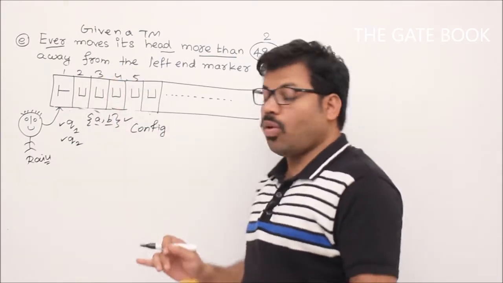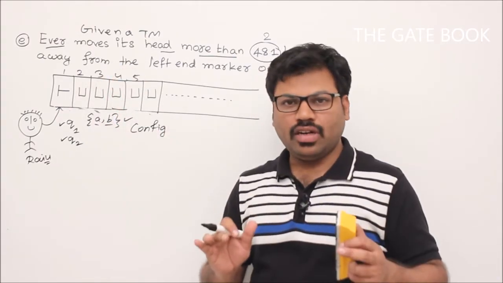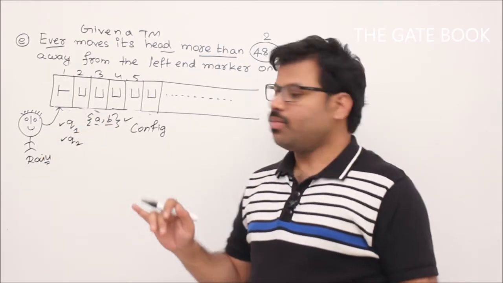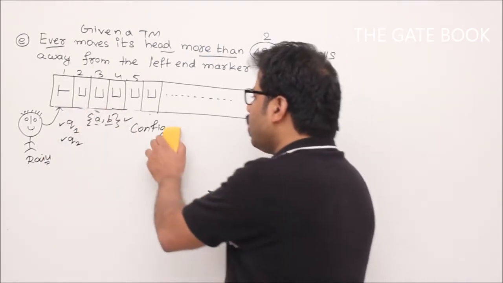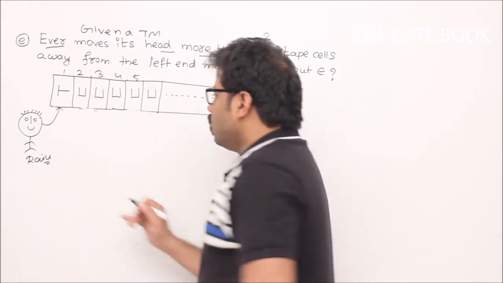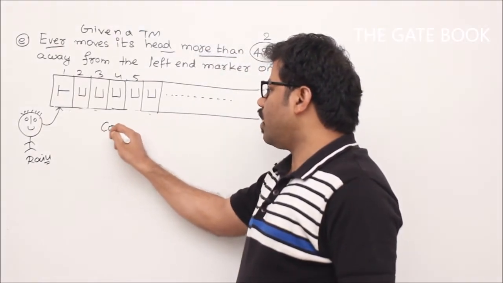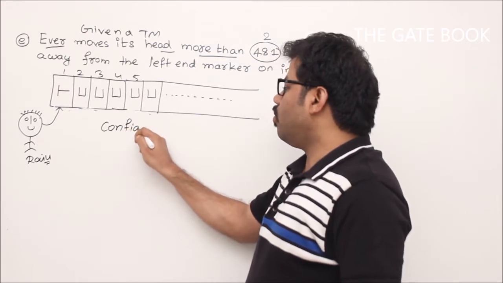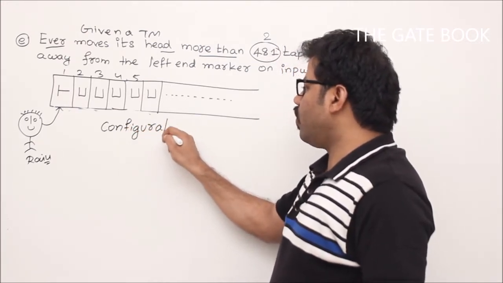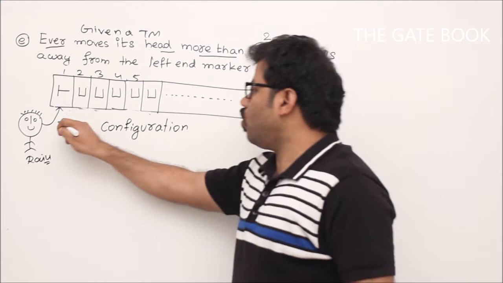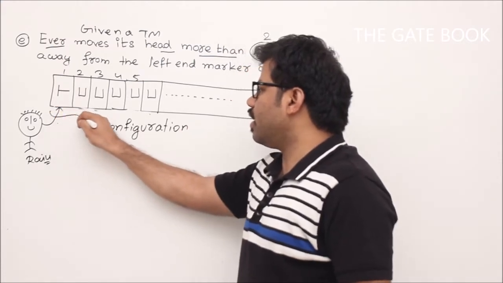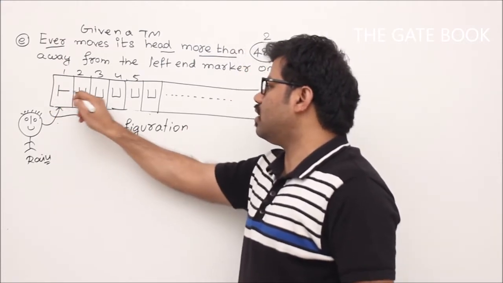Now we'll see how many different tape patterns are possible for Raju. Initially all these are empty, right? Here I'm interested in knowing the configurations where your input-output head is in this territory. That means it is only in these 3 cells.